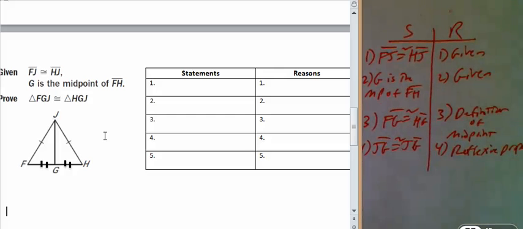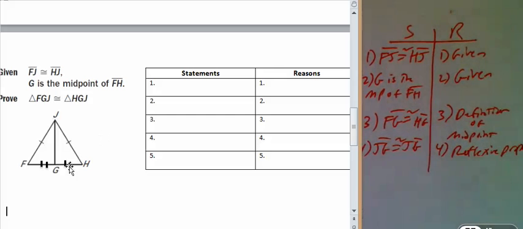And now it looks like we have all the pieces of the puzzle. We have 1, 2, and let's see if I can get a 3 on here. This would have been much easier if I had it printed out.